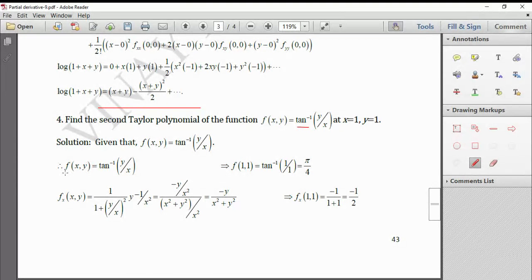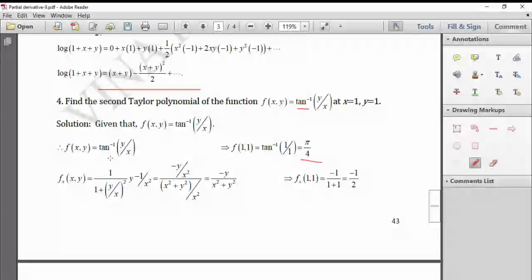First we need f of 1 comma 1. That is tan inverse of 1 by 1. Tan inverse 1 is pi by 4. Now differentiate this with respect to x. So what is your outside function? Tan inverse. What is the derivative of tan inverse? 1 by 1 plus of this term, square. So 1 by 1 plus y by x whole square.